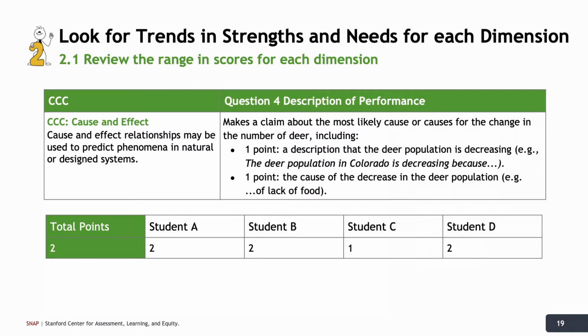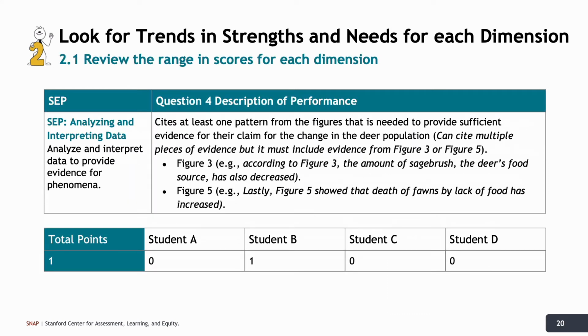Well, at quick glance, we can see that most of the students are able to use cause and effect relationships to make a claim about the most likely cause for the change in number of deer. However, when we look across the student scores for the science and engineering practice of analyzing and interpreting data, we see that a majority of students are not scoring as well here.